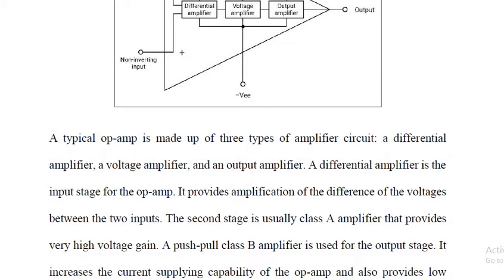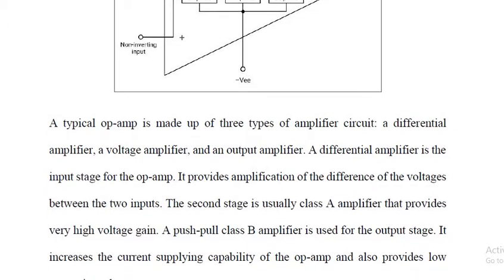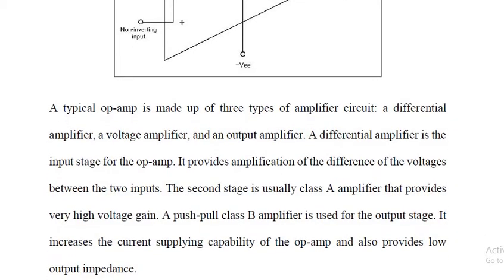Next comes the output amplifier. A push-pull class B amplifier is used for the output stage. It increases the current supplying capability of the OpAmp, and also it provides low output impedance.